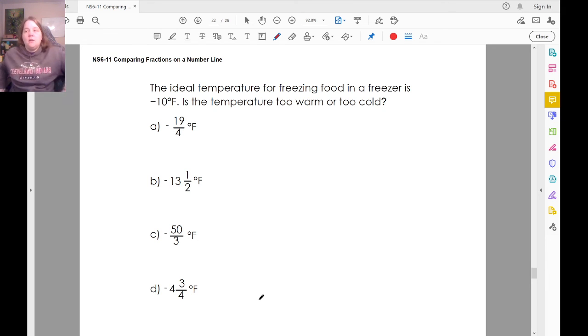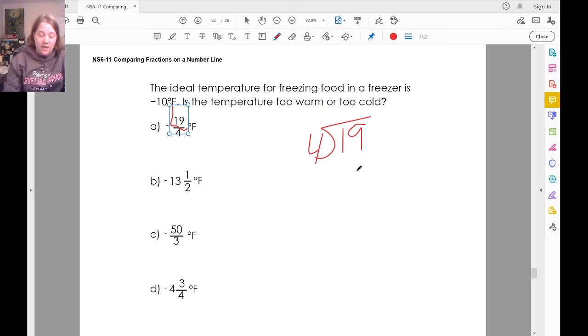Welcome back. So, -10 degrees, that's a whole number. So I'm going to try to make sure all of these are in mixed number format. So -19/4, when I make that a mixed number, that becomes 19 divided by 4. 4 goes into 19 4 times. So this is going to be -4 and something.